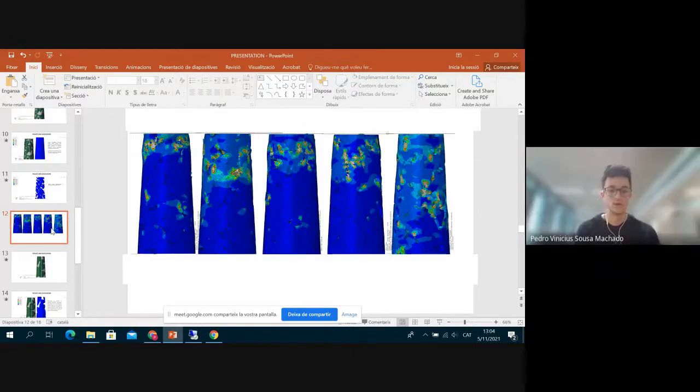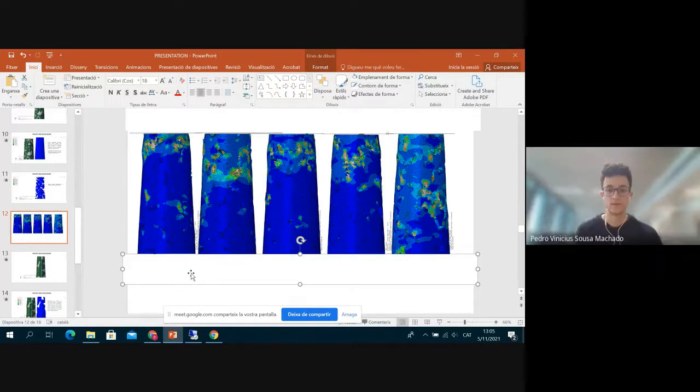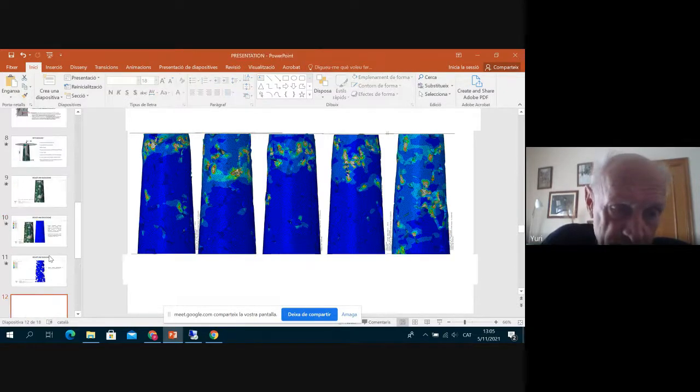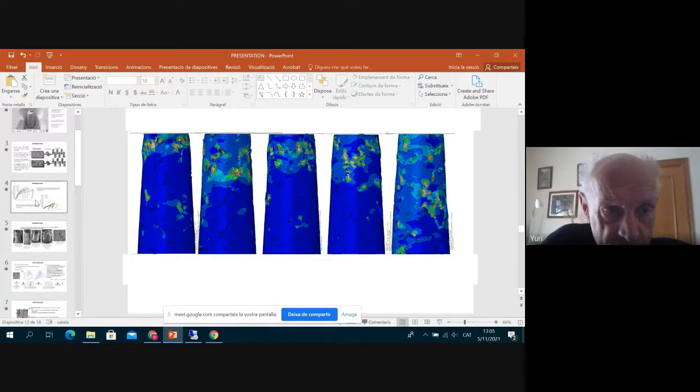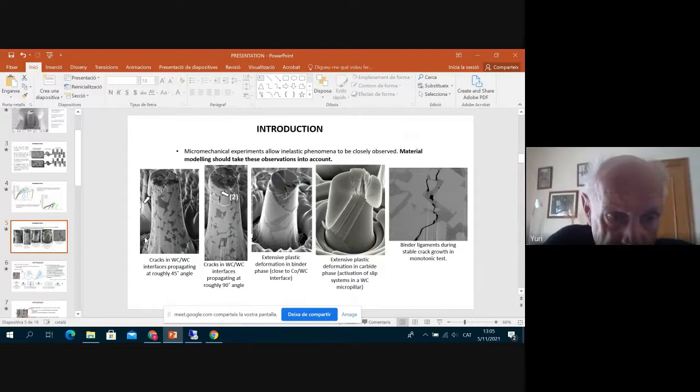But what you are showing now is the result of simulations, yes? Yes. And the image taken from the experiment, what you call the FIB image, does it also correspond to these simulations? I have these images that I used.